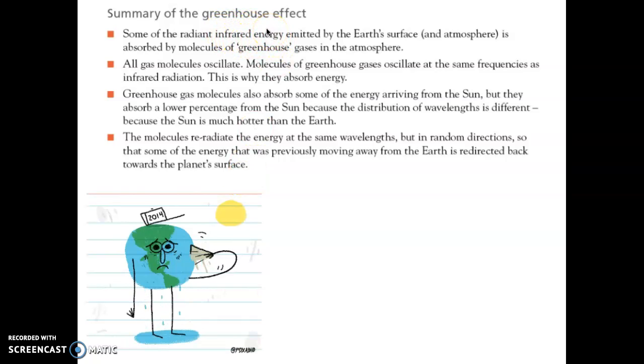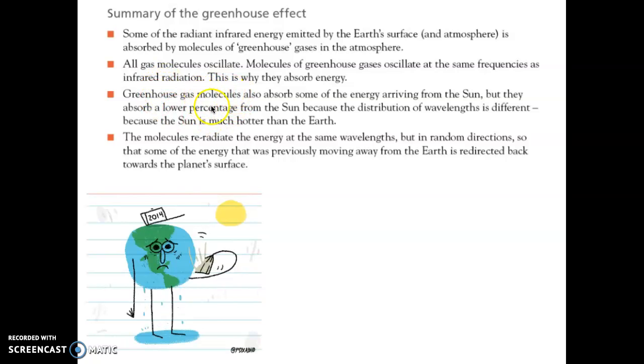If we think back to when we looked at conduction, convection, and radiation, the only way that we can get energy from the sun is by radiation. So what is the relationship between that infrared energy and these greenhouse molecules? Well, all gas molecules oscillate. Molecules of greenhouse gases oscillate at the same frequency as infrared radiation.